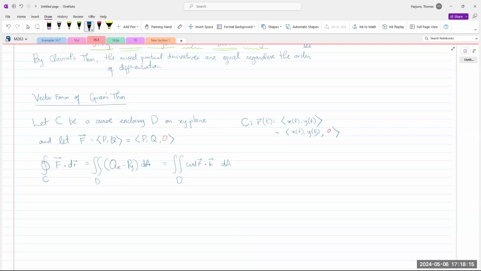Now, what is important here later on, when we see a more general form of Green's theorem two sections ahead, is that we can apply Green's theorem even in three dimensions. But when we apply the curl, it will be dotted with the vector normal to the plane.